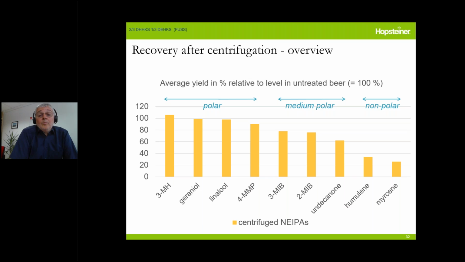They are recovered in a range of 60 to 80%, and the very non-polar terpenes, they are recovered at a very low rate, lower than 30% in all cases. So it's a very nice demonstration of the fate during centrifugation, during removal of haze, and it's fully dependent on the polarity of the compounds.